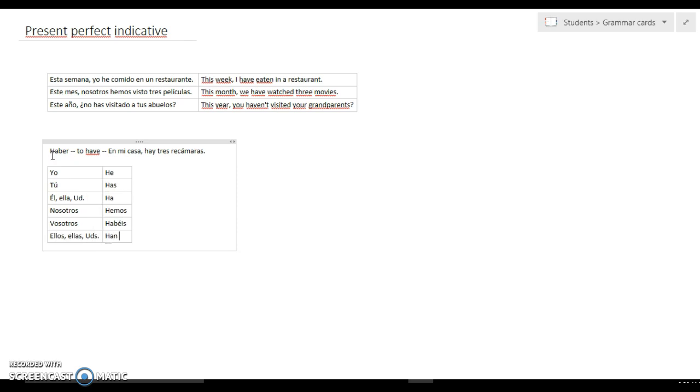Okay, so that's the first part of the verb. That's the equivalent of I have, you have, she has, we have. When we're talking about have done something, have seen something, have played something.